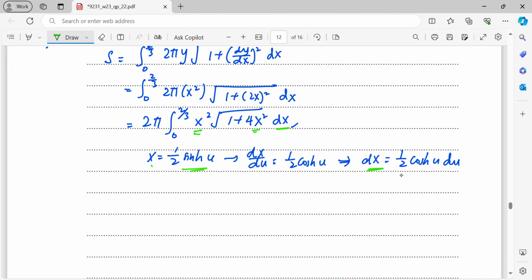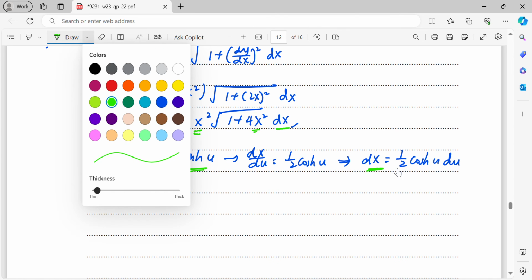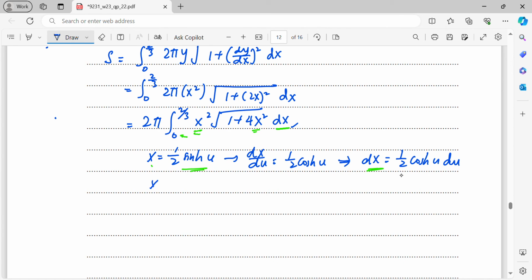Now I need to find out the limits. So when x equals 0, 0 equals half sine u, then my sine u is 0. Therefore, my u is at sine inverse 0.